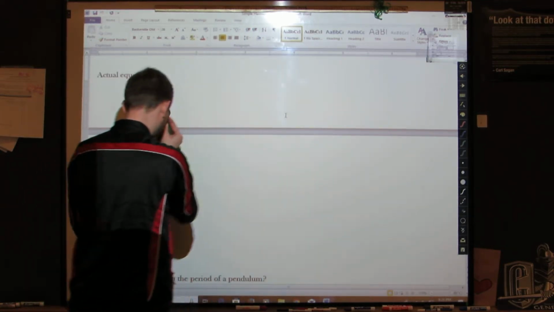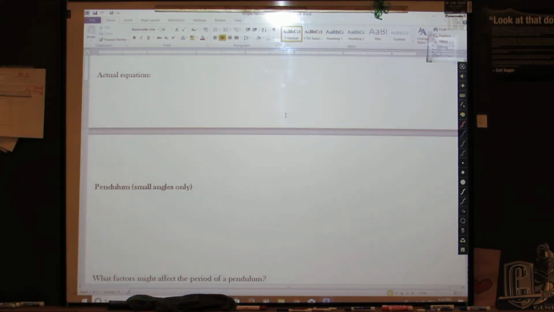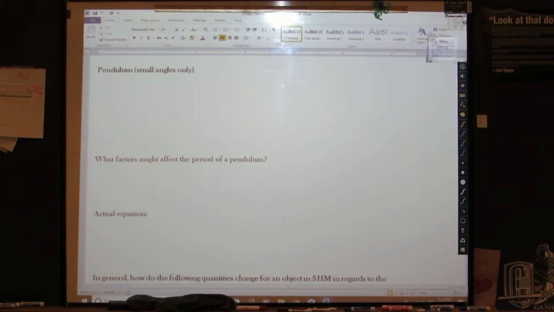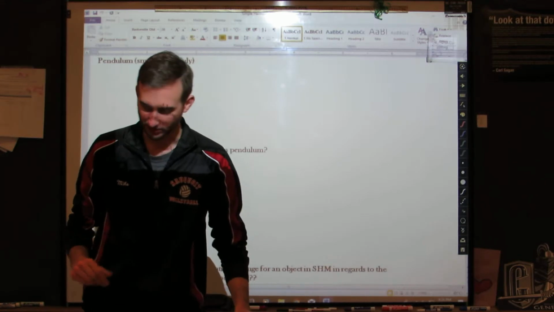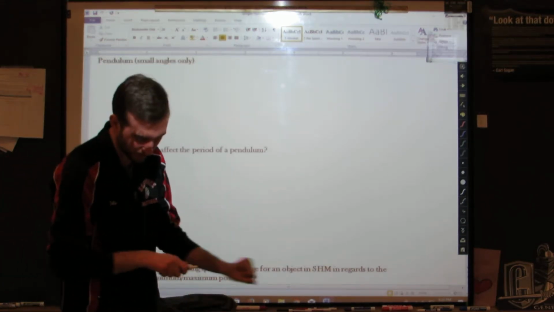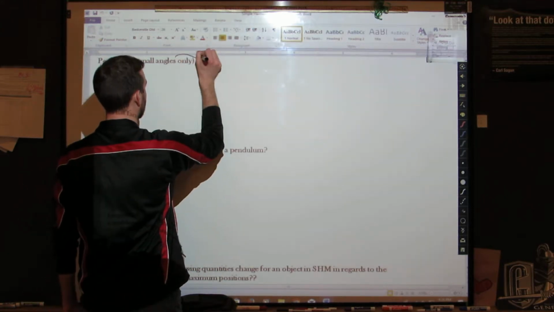Pendulums are kind of an interesting case, because not every single pendulum oscillates in simple harmonic motion. You'll notice that on the back of your notes, there is a spot, and it says for pendulums, small angles only. Small angles, what does that mean?